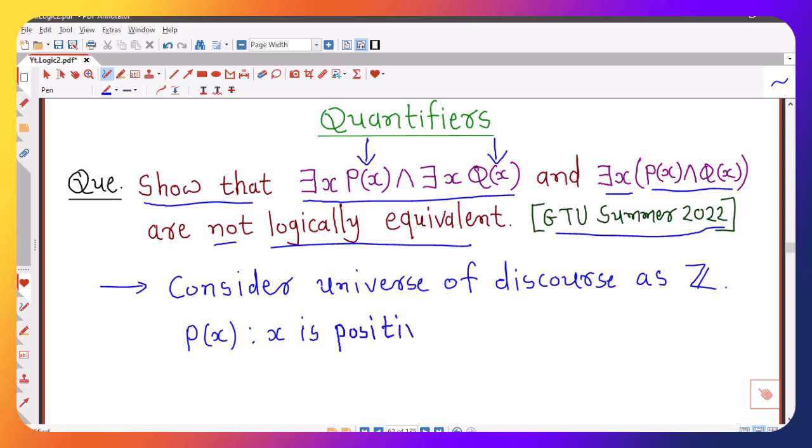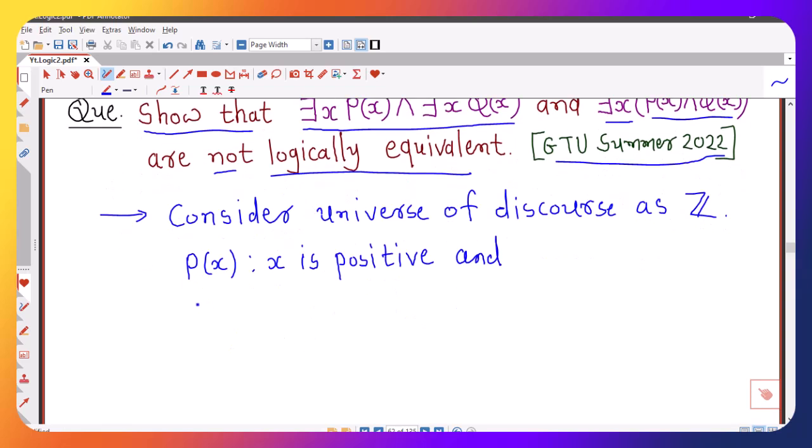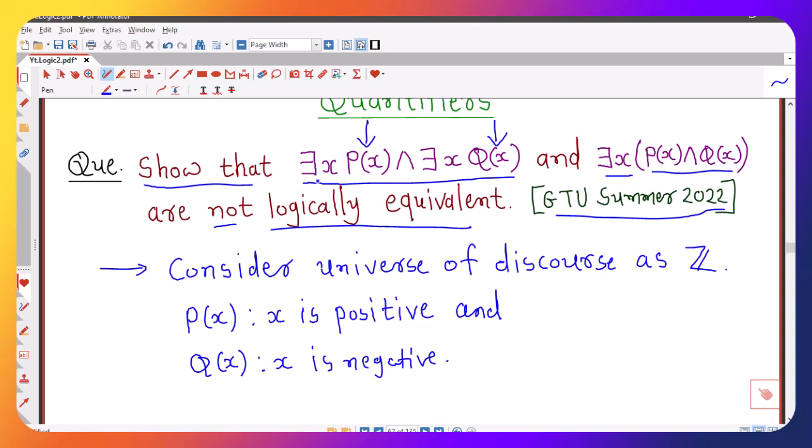So p(x) is the notation for x is positive, and we consider q(x) as x is negative. First we find out the truth value for this statement.